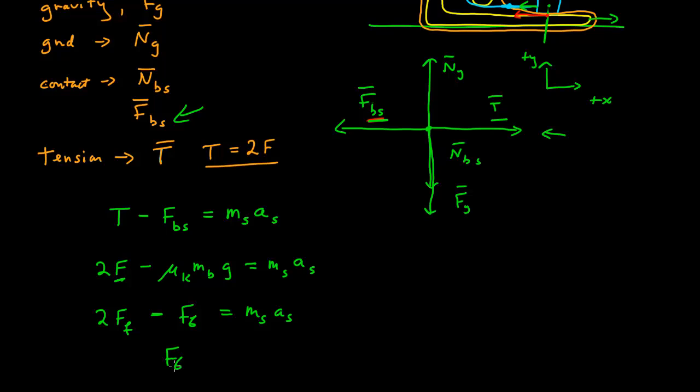So we just have the frictional force is equal to the mass of the sled times the acceleration of the sled, which is equal to mu sub k, coefficient of friction, mass of the block times g. So the acceleration of the sled is equal to the coefficient of kinetic friction times the mass of the block over the mass of the sled times g.